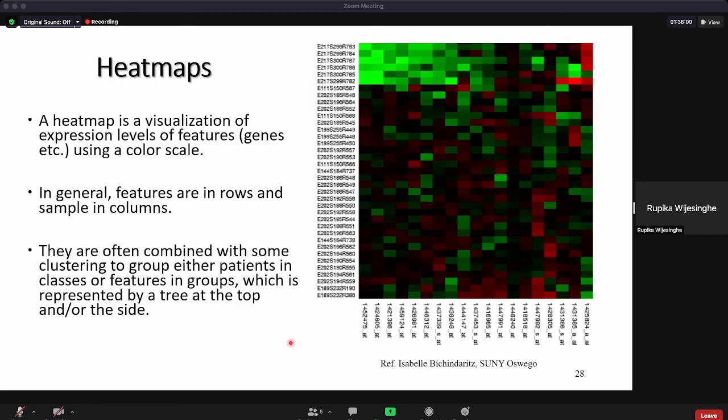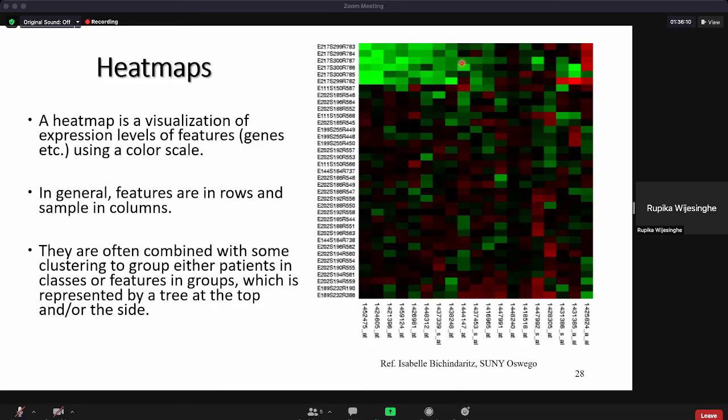Here these patients have behaved somewhat similarly, because you can see these genes are underexpressed in all this number of patients.